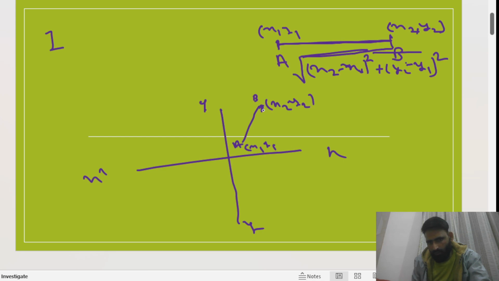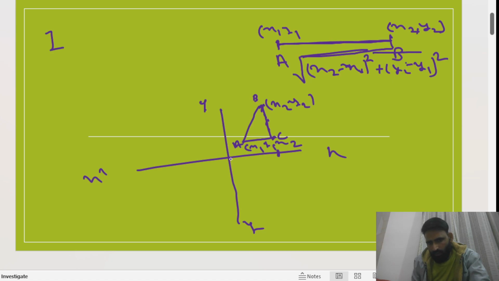We can draw a triangle. Suppose this point is C. The distance from the origin to C is x2, so what is the distance AC? This is x1, and the C point is x2.